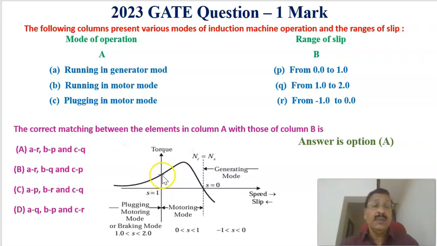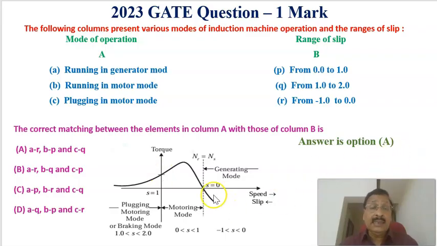Therefore, this represents the motor mode of operation of an induction machine. That is B, running in motor mode, where the slip changes from 0 to 1. That is B and P.